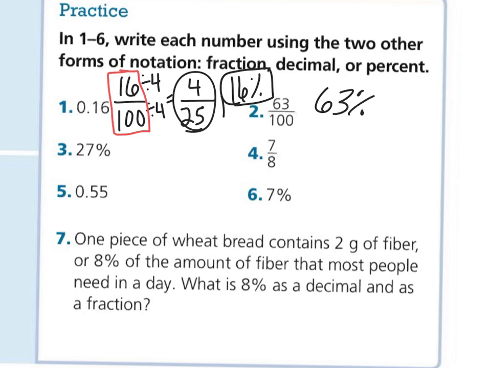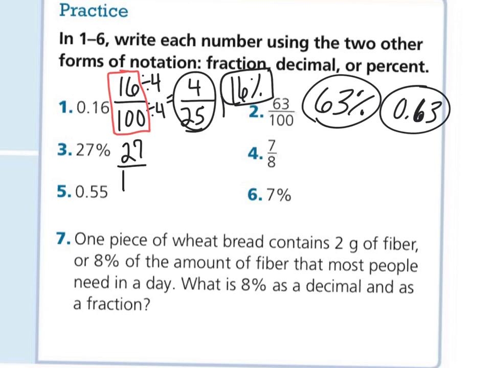And then the fraction is 63 hundredths, so our decimal would be 63 hundredths. Number 3, they've given us the percent, so fraction would be 27 out of 100, which we can't reduce, and the decimal would be 27 hundredths.